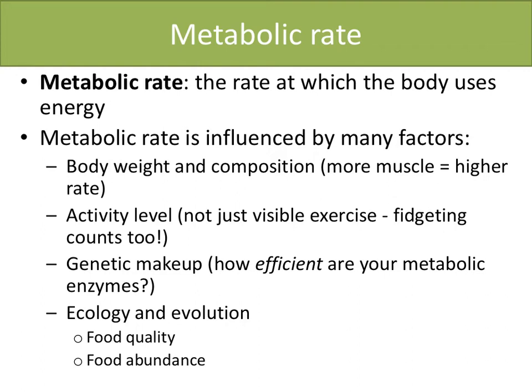Now, if you take that person, or both those people, the skinny one and the tubby one, and you put them in a food environment that's really, really rich, in other words, there's never a lack of food, the slow metabolism gets bigger and bigger and bigger.